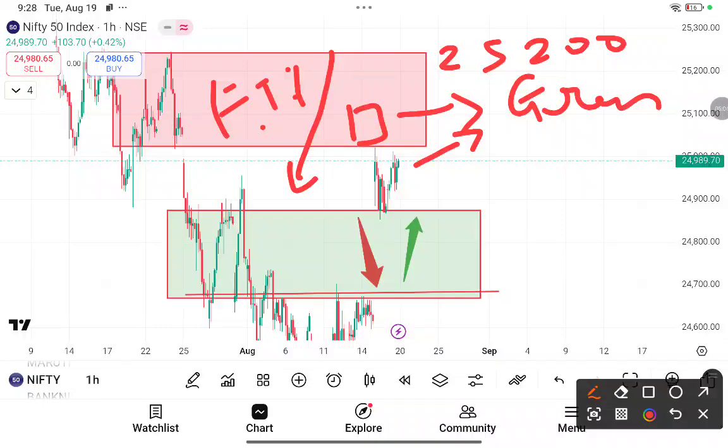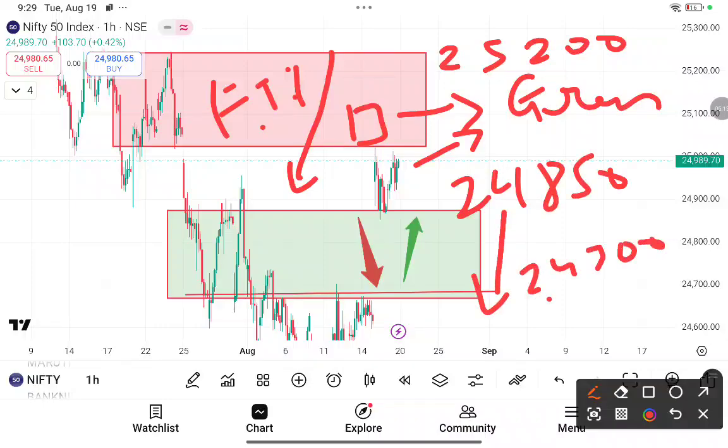Let's take the other scenario. Let's say it breaks the level of 24,850. It will go to 24,700. Then this is where our DII guys will come in, because we don't want our market to fall further. This is where mutual fund money will come into the picture, and it will again get bought up, and it can further go to 24,900 or 850.